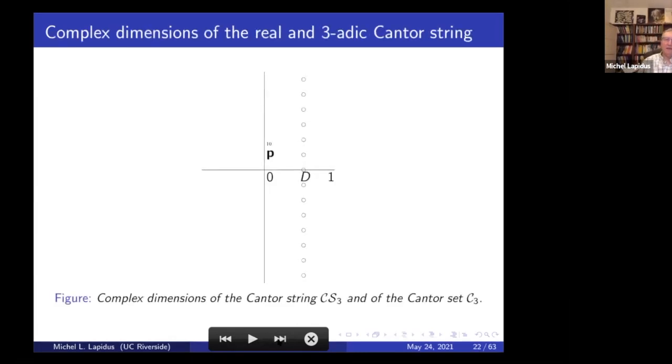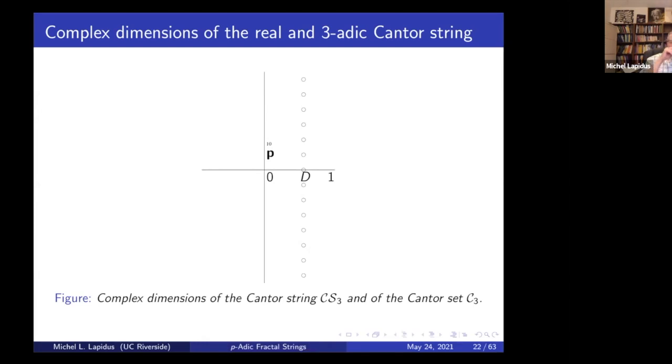And this is an illustration of the complex dimensions. This is your oscillatory period, 2 pi over log 3. And this is the separation between these dots. These are the complex dimensions. D is log 2 over log 3, about 0.6. And it's between 0 and 1, as we know from the theory. It turns out that for the Cantor set and the Cantor string in the Archimedean case, the complex dimensions are the same, and the geometric zeta function is the same as well.